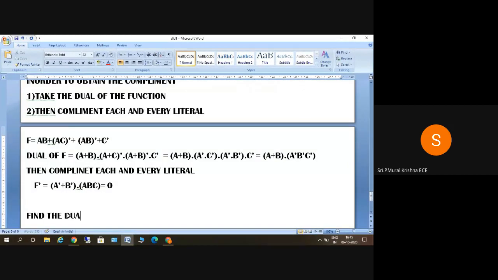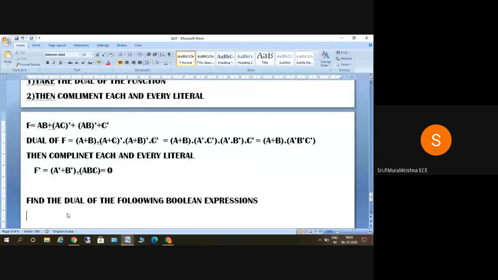Okay, so find the dual of the following Boolean expressions. Find the dual of the, okay, so find the duality of this.